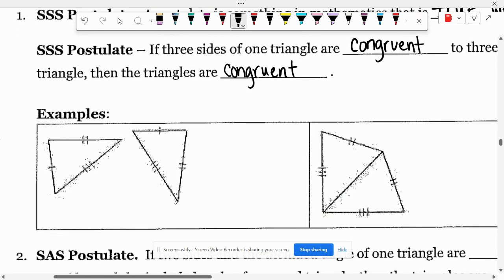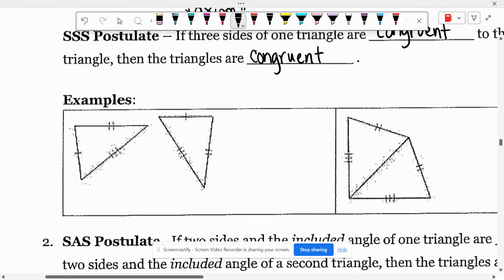So in these examples, I labeled them because I need some kind of reference. I labeled this A, B, C, and I labeled this X, Y, Z. I try to always put my sides, at least for my first one, in ABC order, just because my brain is weird like this.